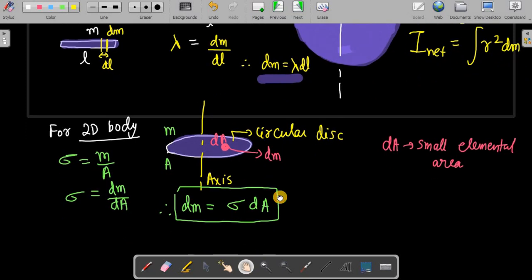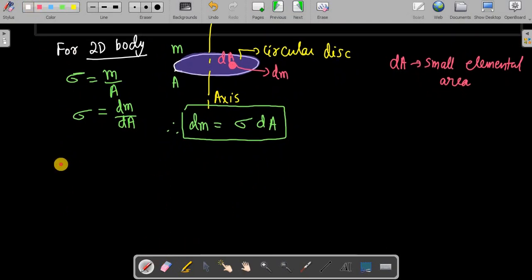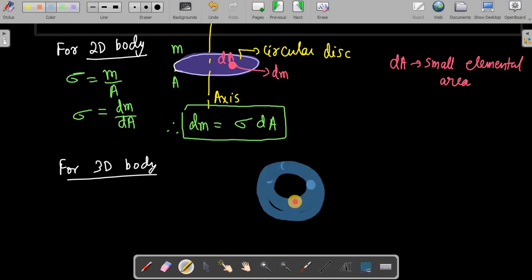Okay, similarly for a three-dimensional body, as I told, mass will be distributed in space for a 3D body, right? So if you take an example of a 3D body, it can be, let us say, like a sphere or something. Sphere means solid sphere, okay, not hollow sphere. Hollow sphere, if you consider, will not be taken as a three-dimensional body.